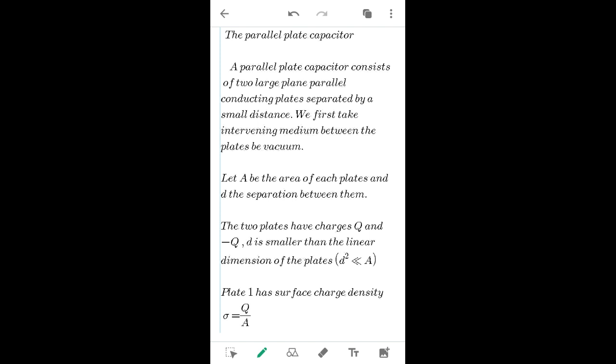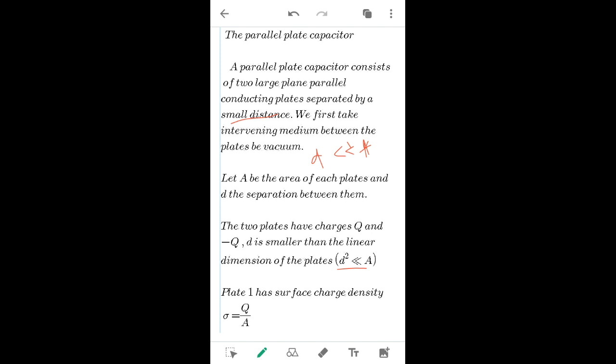Let us consider a parallel plate capacitor which has two large plane parallel conducting plates separated by a small distance, that is, the distance d is much smaller than the dimension of the plates. Let A be the area of each plate and d be the separation between them.